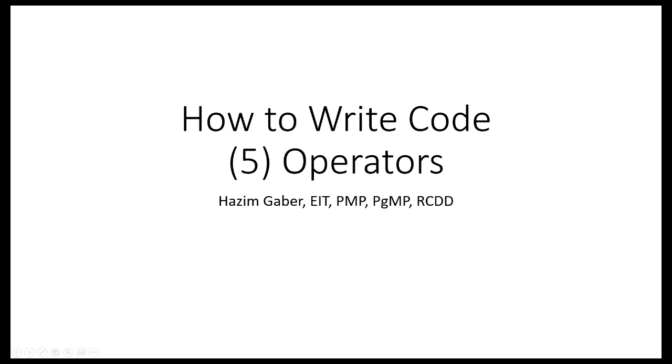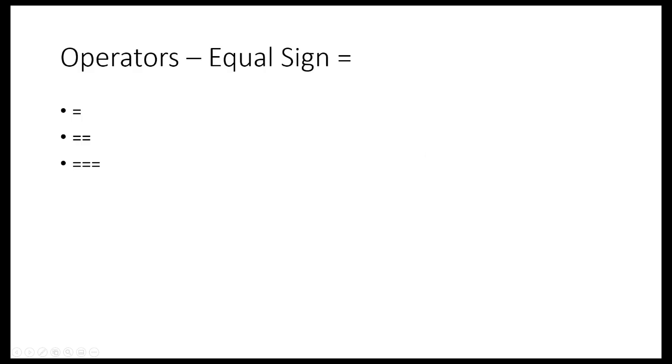So, the most basic operators are equal signs, and we use an equal sign when we create a variable.